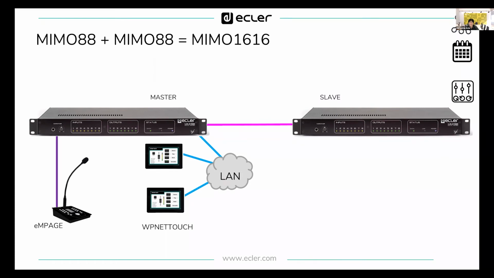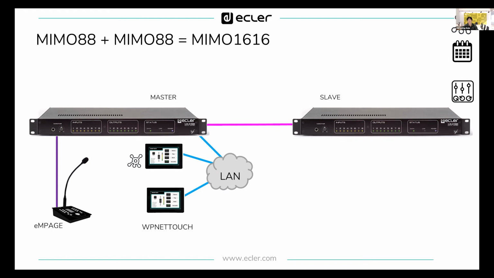So we'll have the EM page, and we will have some screens to control some UCPs. One of these WPNet touch will be the UCP server. So one of these WPNet touch will have the project and will have the UCPs and will provide UCPs to the rest of devices that ask for them in the network.